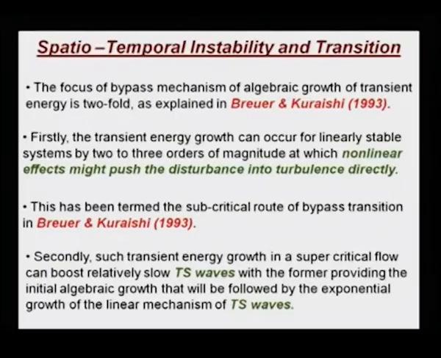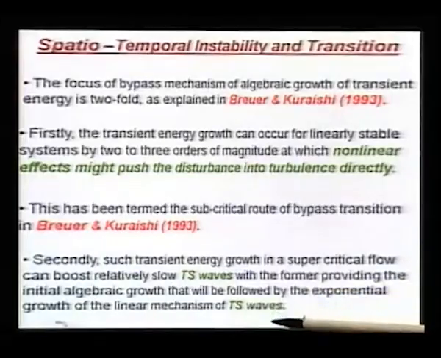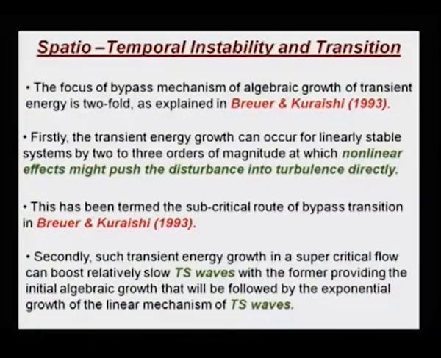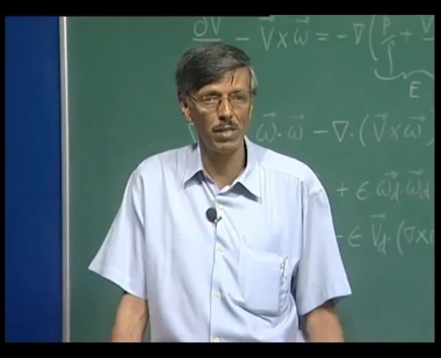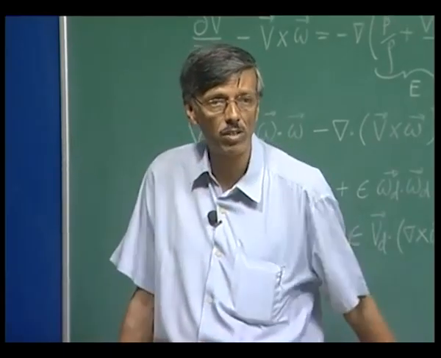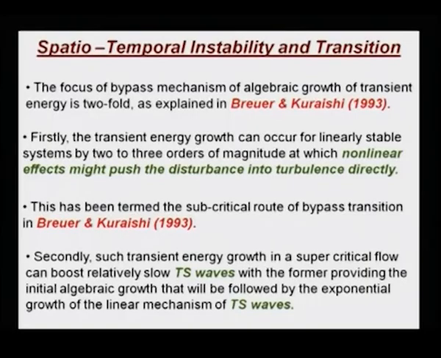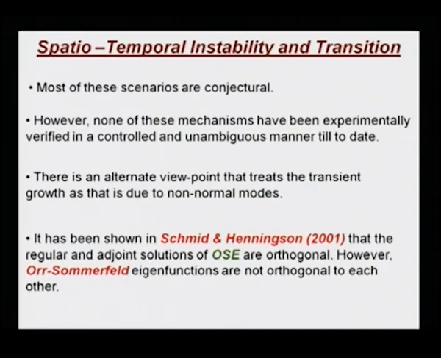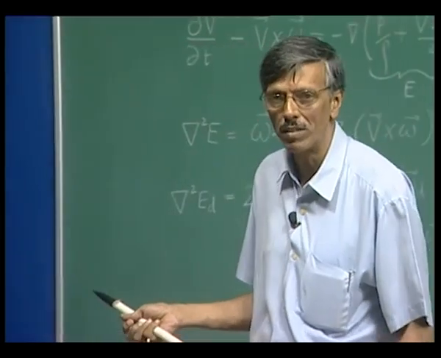That is the second route that is suggested, that you could have initially an algebraic growth followed by exponential growth during the supercritical stage. See, these are all very conjectural. They have not been verified experimentally by a controlled experiment in an unambiguous manner.